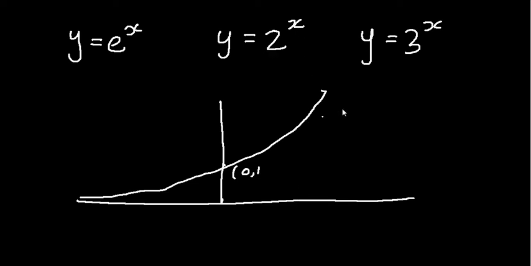If you look at this graph, now let me draw that graph. This is drawn in white, this is drawn using a green pen. So when y is equal to 3 to the power of x, it looks something like this.